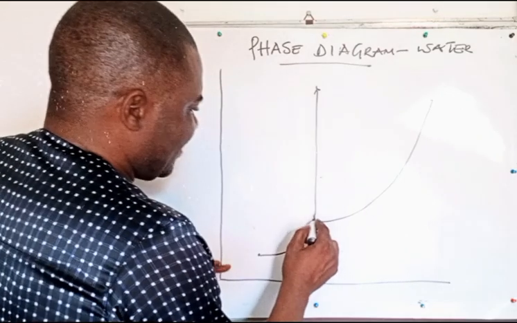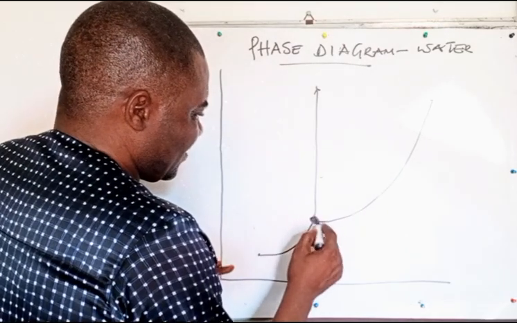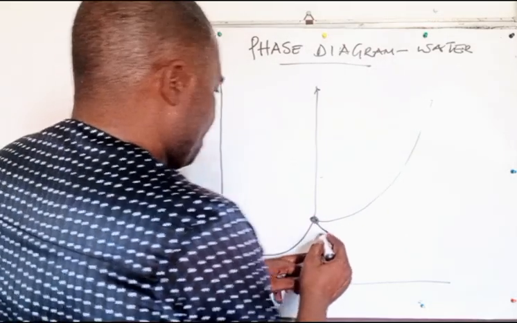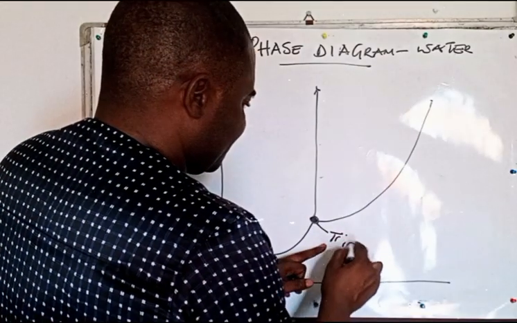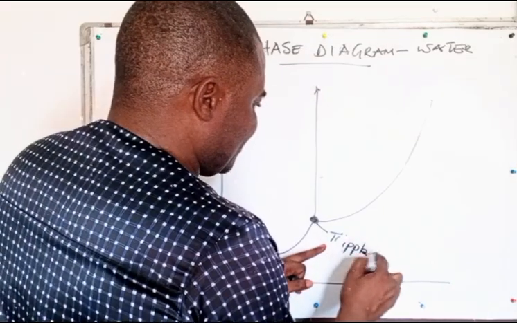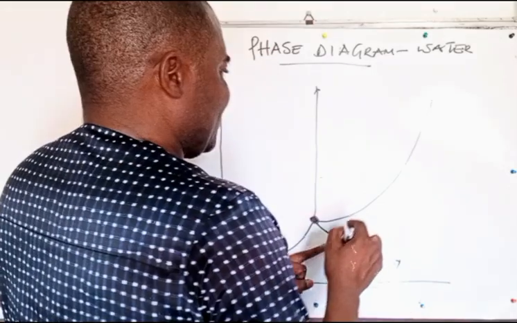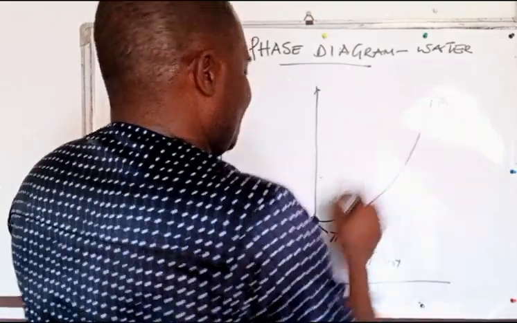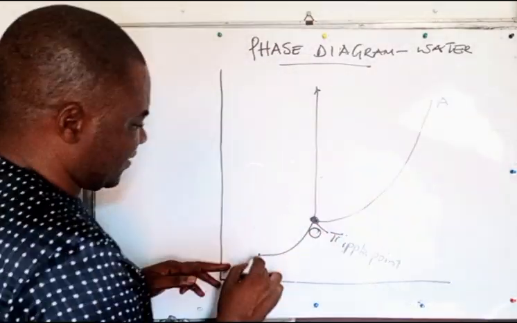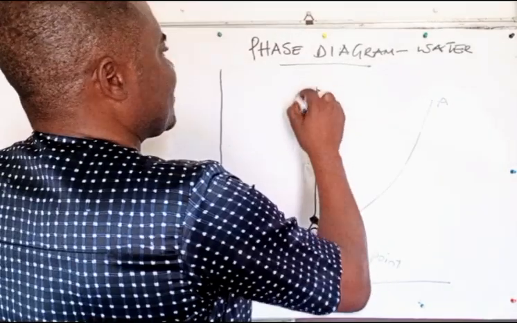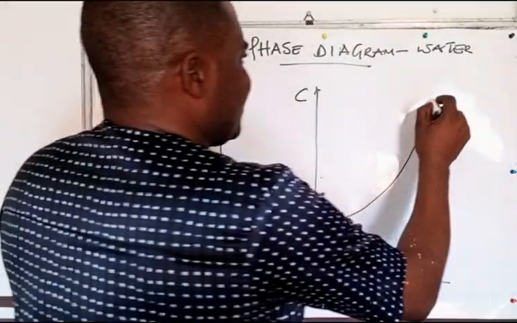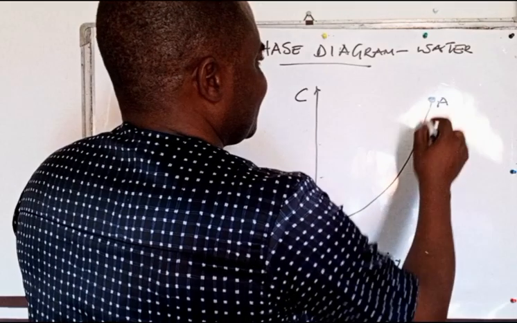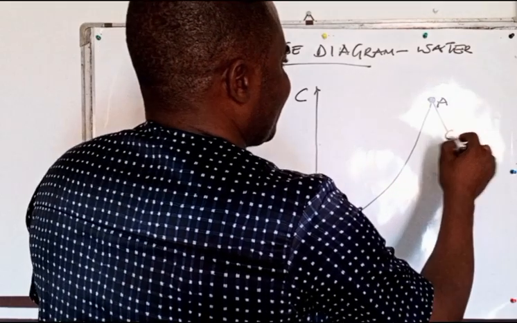Now, at this point we have the triple point. At this point A, we can label this as O, this as B, and this as C. At this point here, we have the critical point.